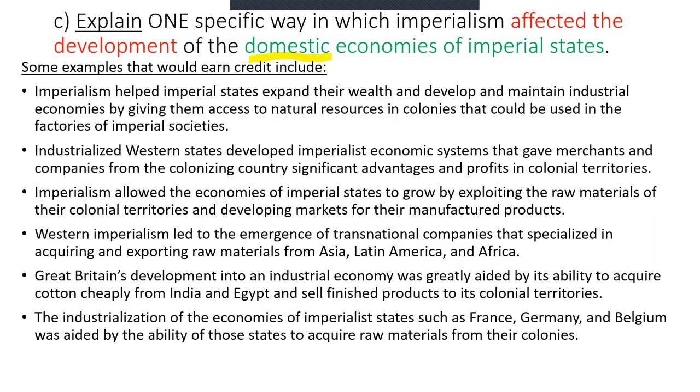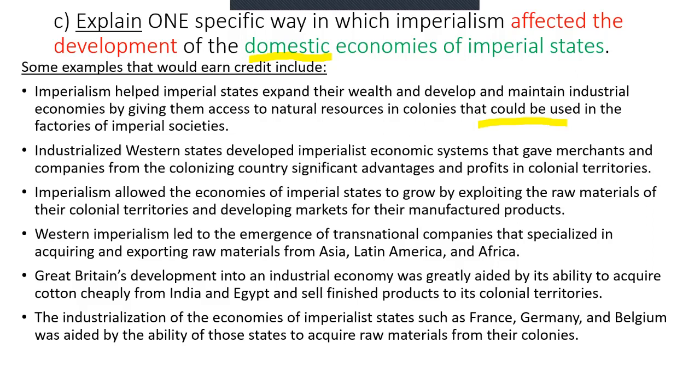If you look at the language here, develop and maintain is what works. By giving them access to natural resources and colonies that could be used in the factories of imperial societies. It's a great answer. Expand their wealth and develop, talks about factories, it answers the how and why question.